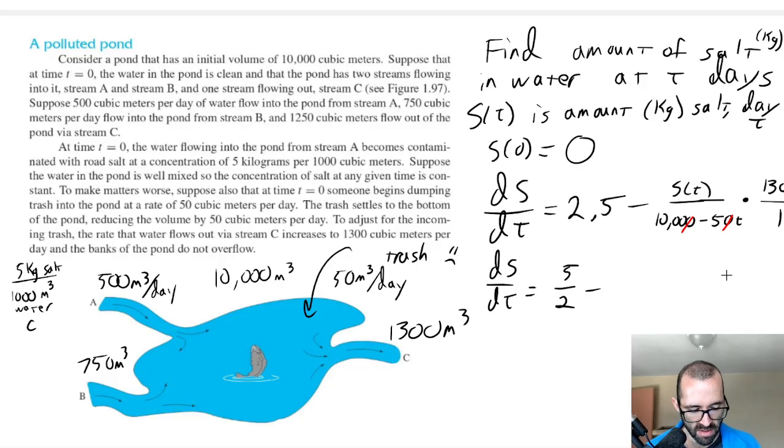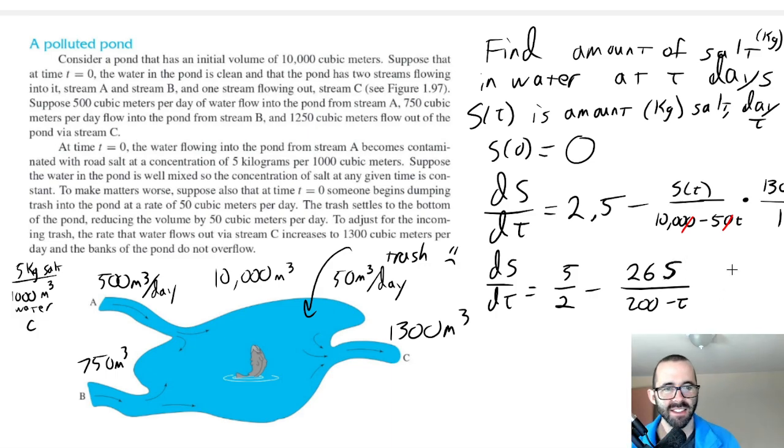So that's 26s. And then when you factor out the 5, that cancels, and we're just left with 200 minus t. The 5 got factored out. 200 minus t. 26s. And then I'm going to really try to make my s's not look like 5s. 26s divided by 200 minus t.